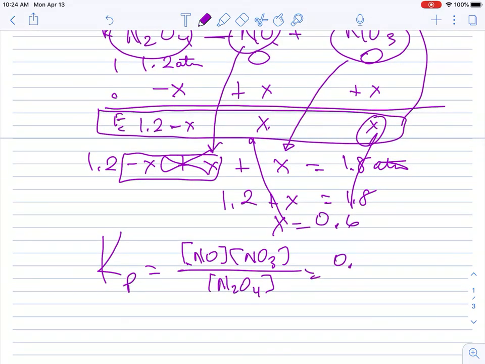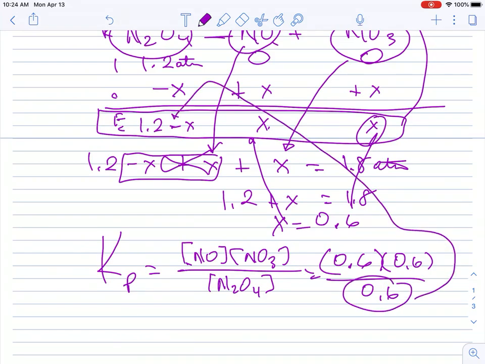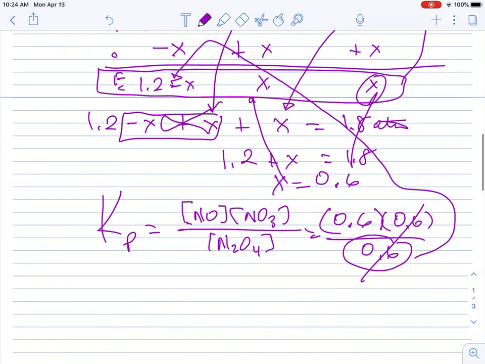In that case, that's 0.6 times 0.6 divided by 0.6. And this 0.6 here comes from that 1.2 minus x. So these are going to drop out. My Kp value is going to be 0.6.